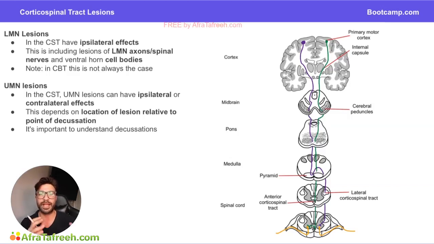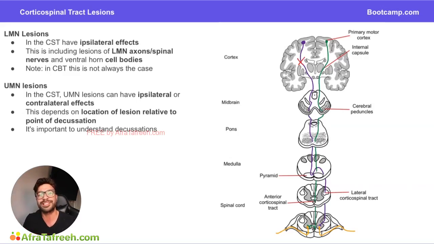Now, if we have an upper motor neuron lesion, we can see both ipsilateral or contralateral effects, and this really depends on the point of the lesion or the level of the lesion with respect to the point of decussation of each spinal pathway. So let's say we have a lesion up here. What are we going to see?